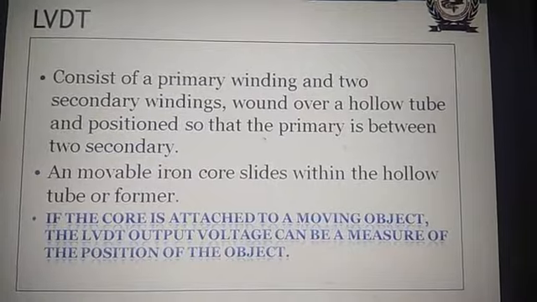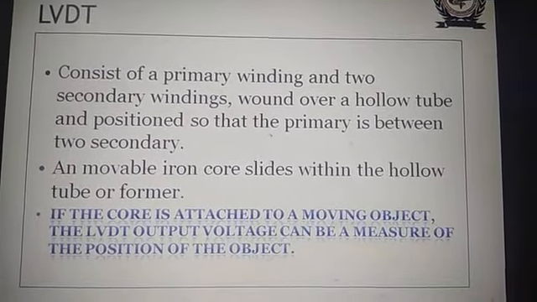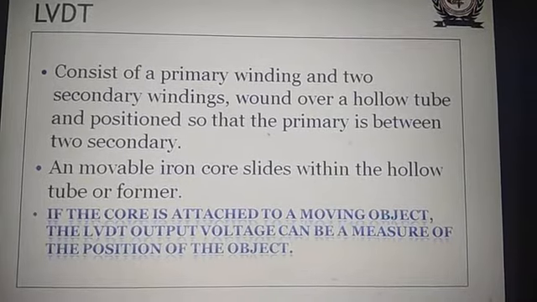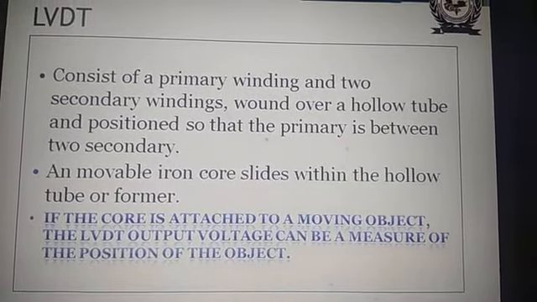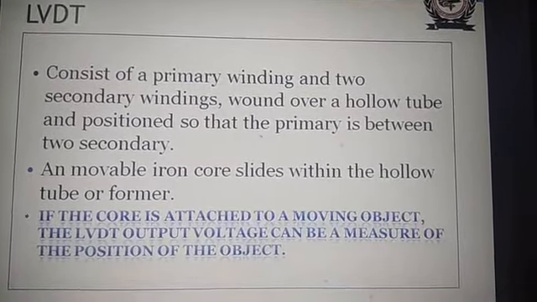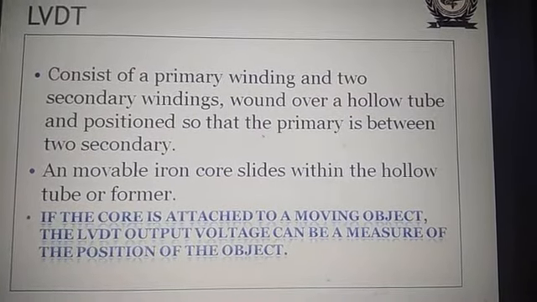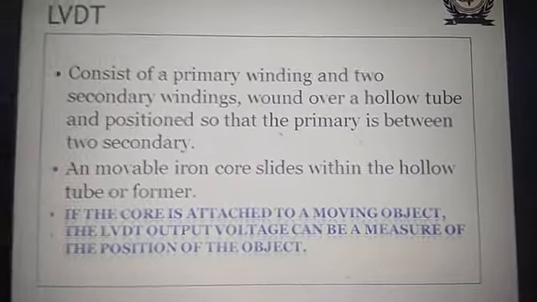And a movable iron core slides within the hollow tube. If the core is attached to a moving object, the LVDT output voltage can be measured as the position of the object.